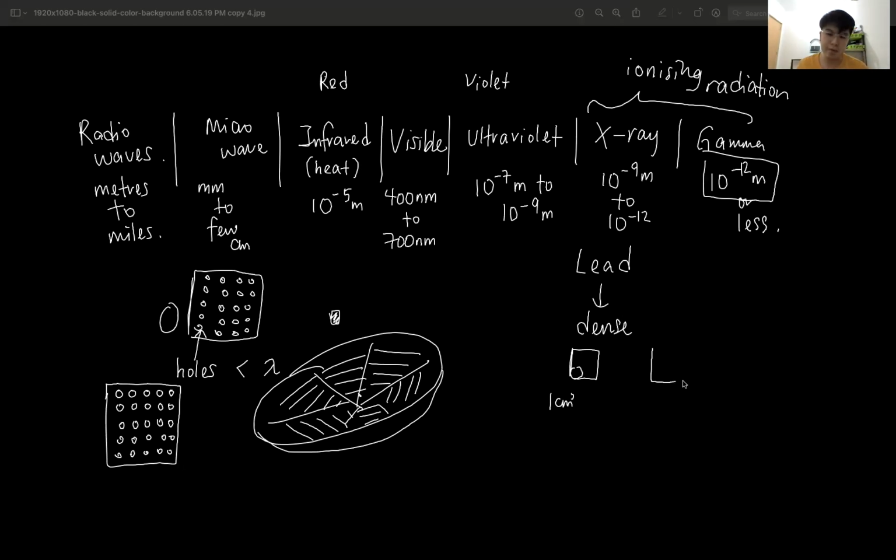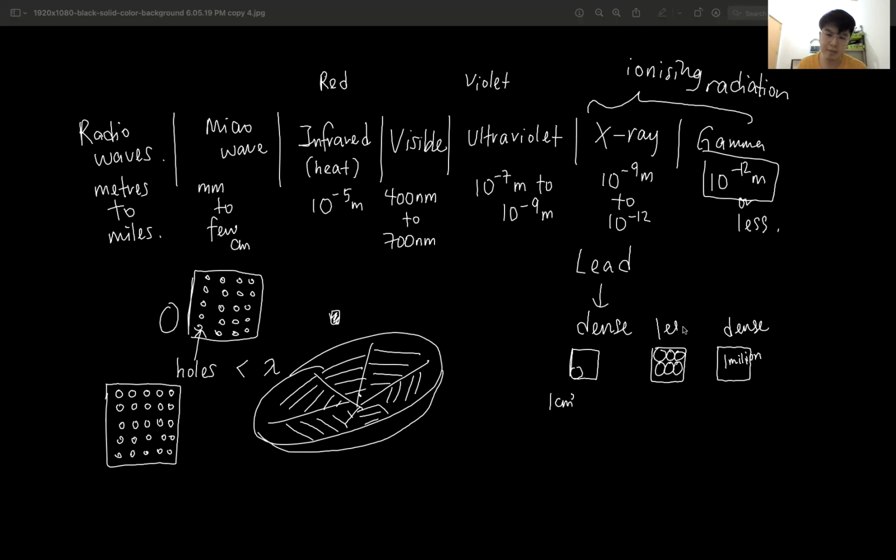So it's like you have these 6 molecules. The spacing is large between one atom and another atom. If you have the same volume, but you have 1 million atoms inside, this is very dense.